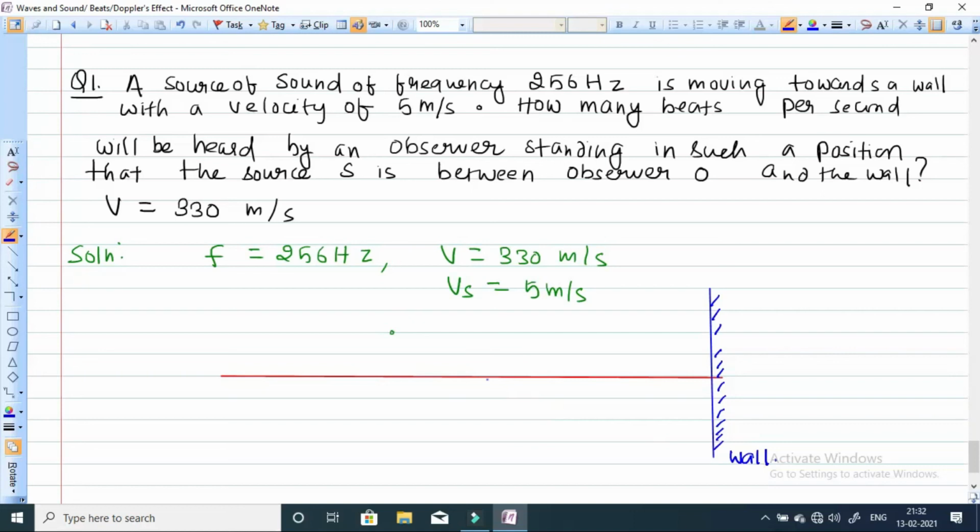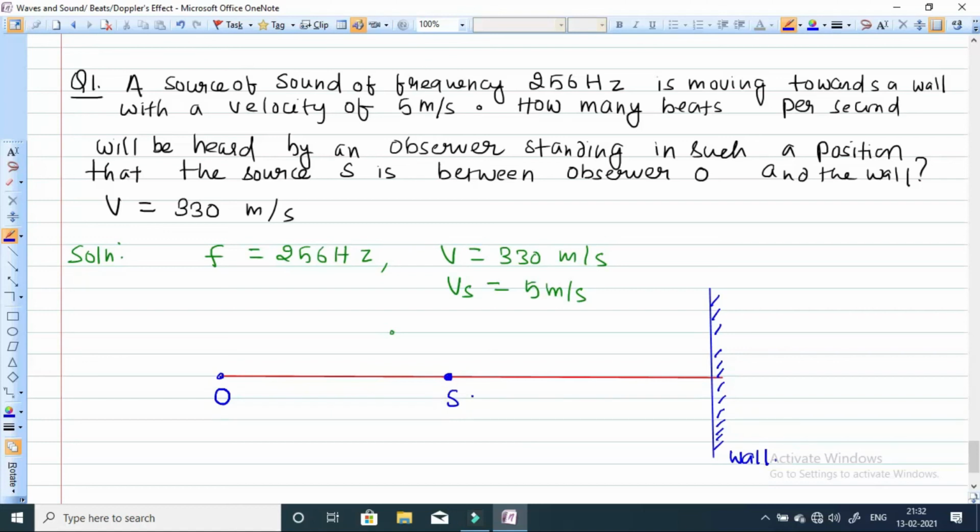Okay, and now in the problem it is given how many beats per second will be heard by an observer standing in such a position that the source S is between observer O and the wall. So this is the wall, and suppose I am taking this is your observer O. Okay, and this is your source S.